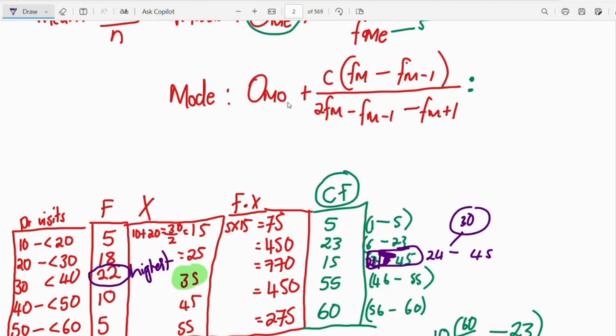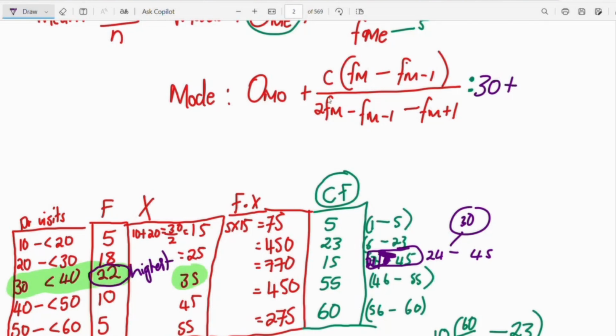Which means this is the interval that we're going to choose, because we just assume that the most occurring number lies where the frequency is the highest. So now when you get here, you see the lower limit of this interval is 30.